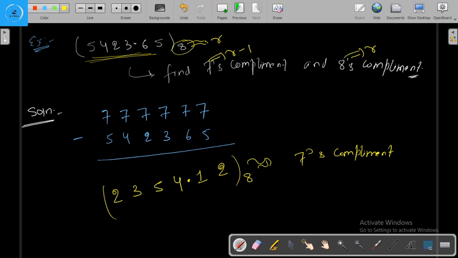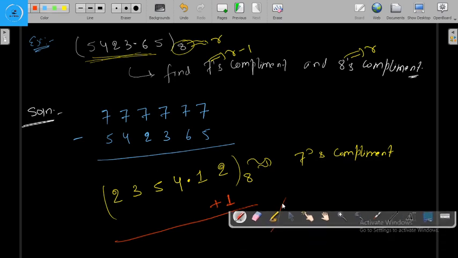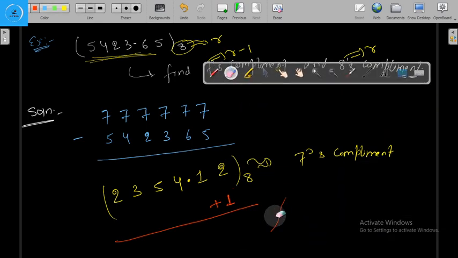For finding the 8's complement, we simply add 1 to the LSD.